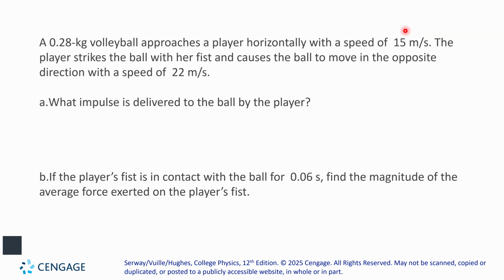So again, this is a one-dimensional problem because we're not told about X or Y directions, and it's not specified whether the motion is to the left or to the right. We just know that after the strike, the velocity changes to the opposite of what it was before.